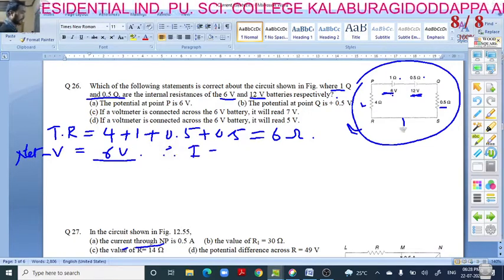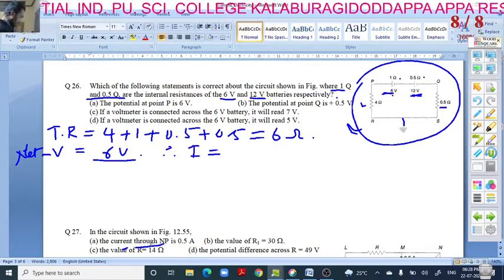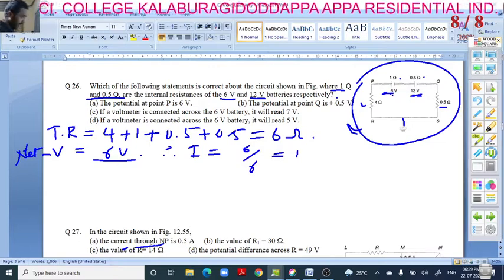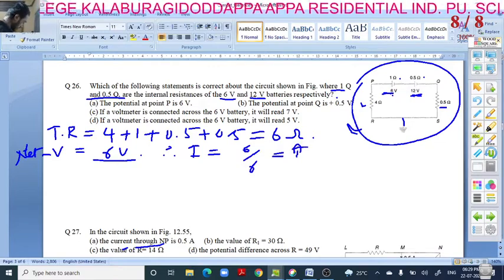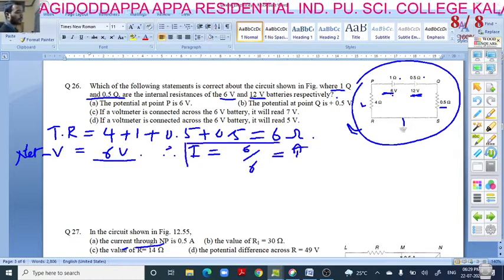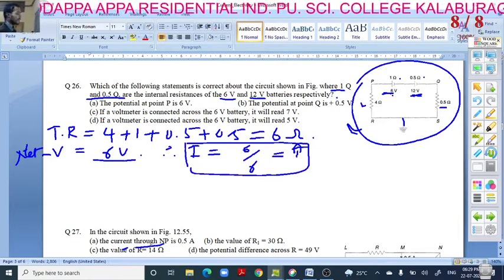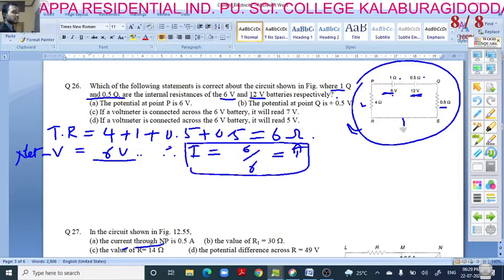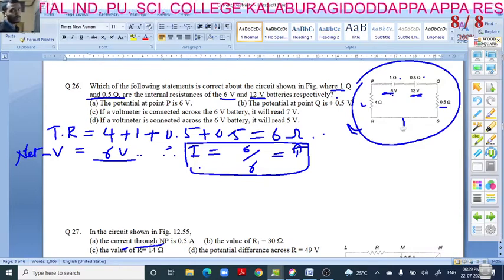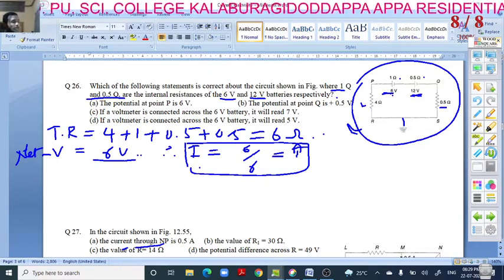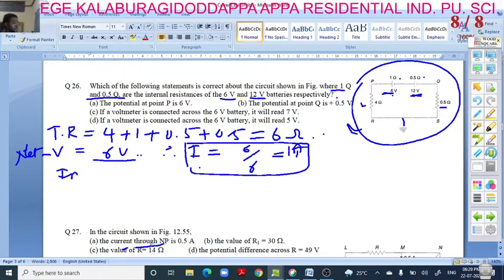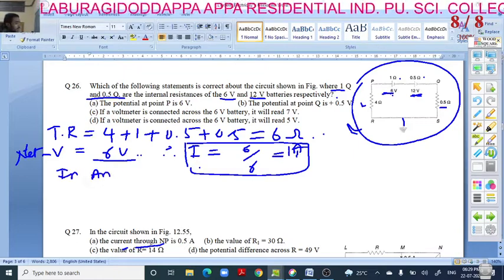Therefore current I is equal to 6 by 6 is equal to 1 ampere, in the anti-clockwise direction. Voltage we have 6 and resistance we have 6, so current is 6 by 6 equal to 1 ampere.